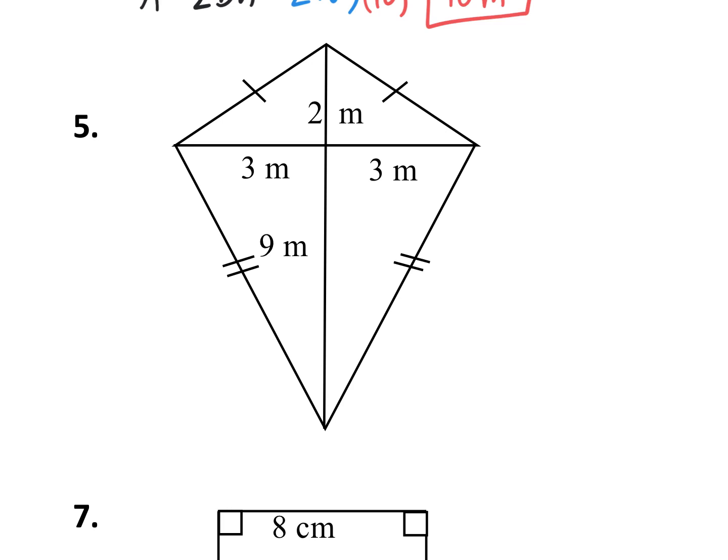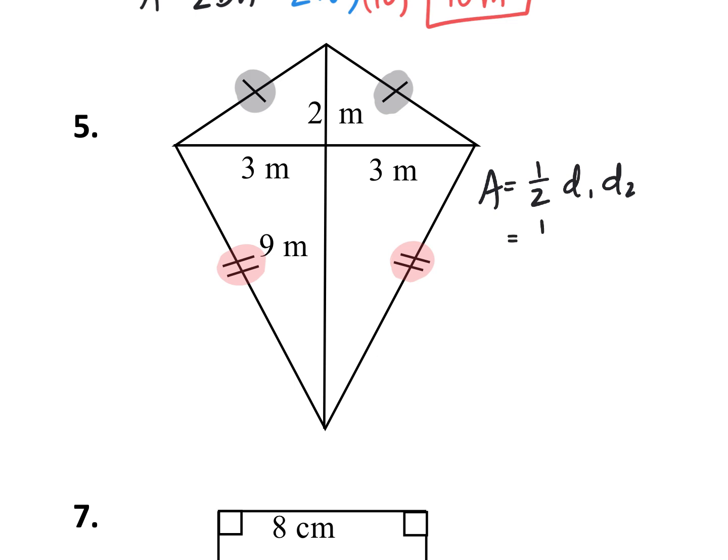All right, number 5 here is a kite because I've got consecutive sides that are congruent. So my formula for area of a kite is 1/2 diagonal 1 times diagonal 2.